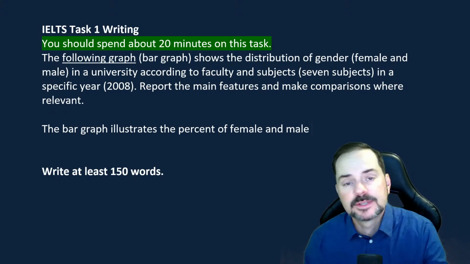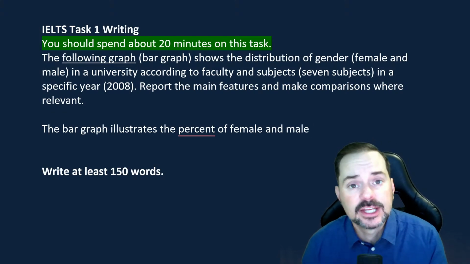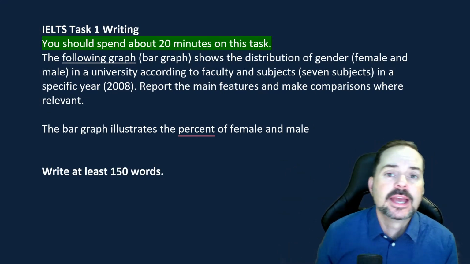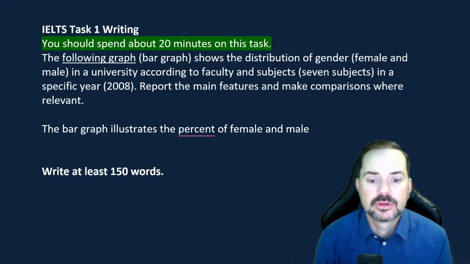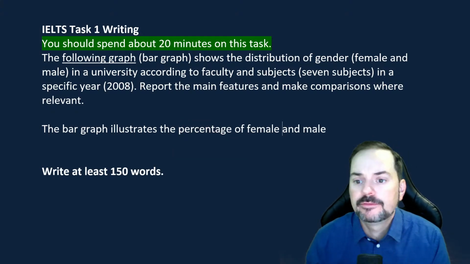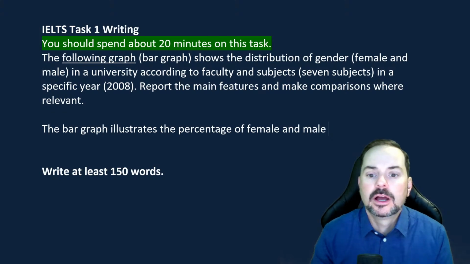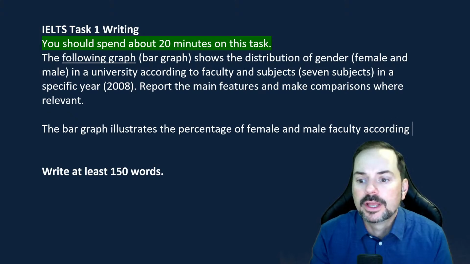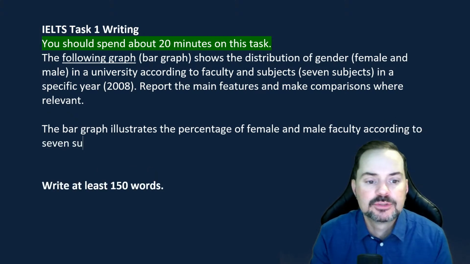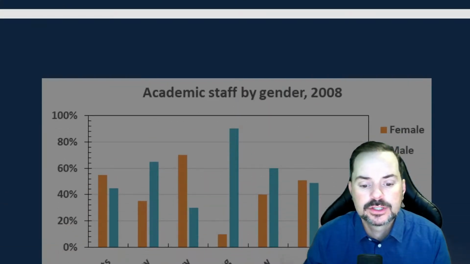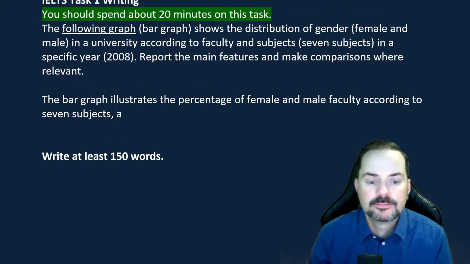So I'm being more specific using the legend. The legend is whatever describes the elements of a map or a graph. So, percentage of female and male faculty according to 7 subjects. Now, if I want, I could include the 7 subjects here. So we've got arts, astronomy, history, engineering.